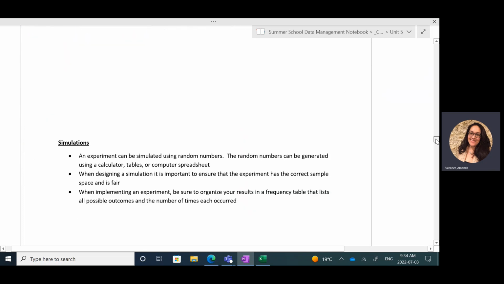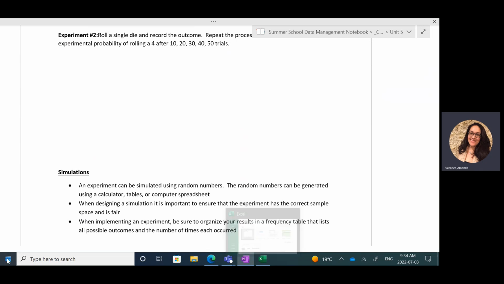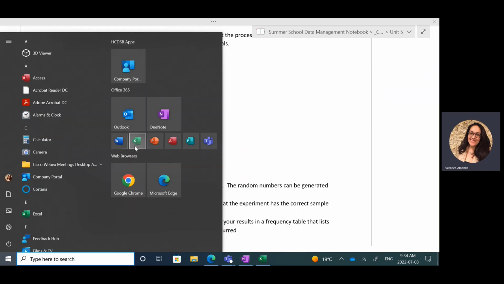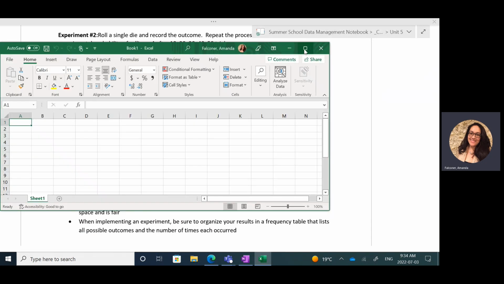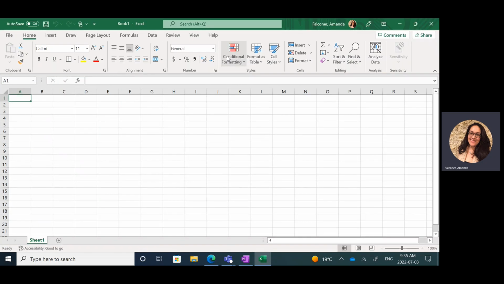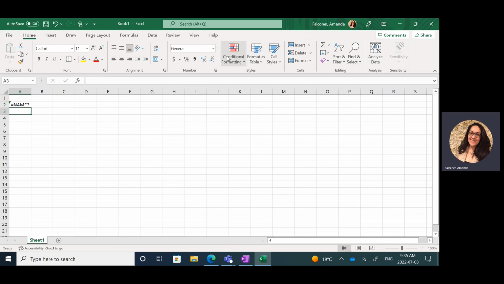And the last experiment here, I'm going to use a simulation using Excel. So I'm just going to quickly open that up. The random number generator, just so that you can see that occur. I'll just move down to the cell. It's the random between formula.